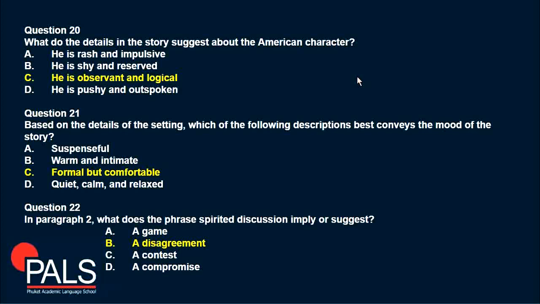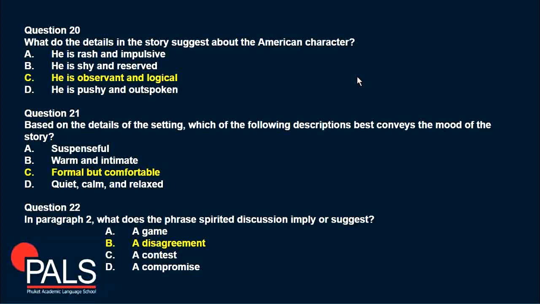So basically it's one that requires making detailed observations, which is what the character is doing, like that one is being shown in the latter part of the passage. So there, it's letter C. He is observant and logical.